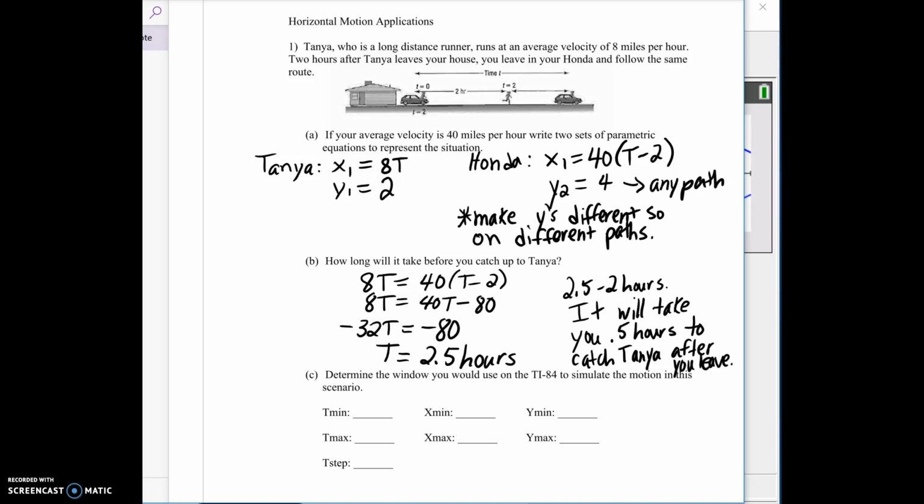So the 2 hours that you were sitting at your house don't really count in this situation. And again, I'll be a little more specific when I ask the question about how long it's going to take a person to catch up, or a vehicle or whatnot.